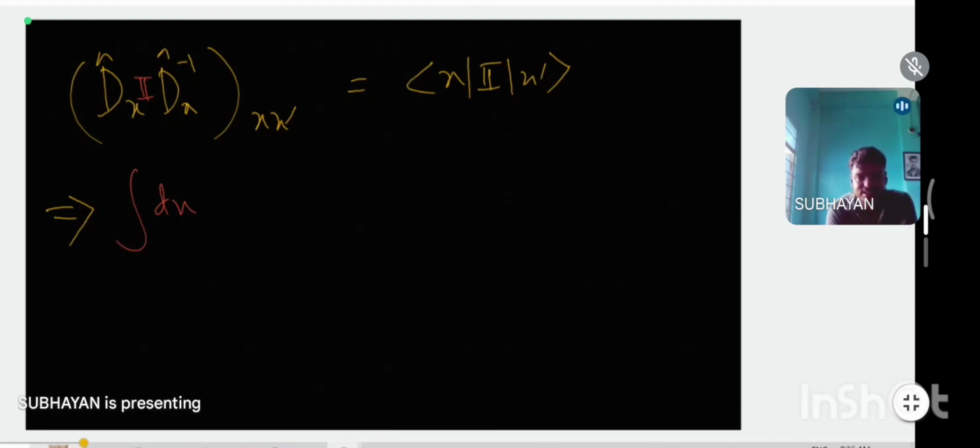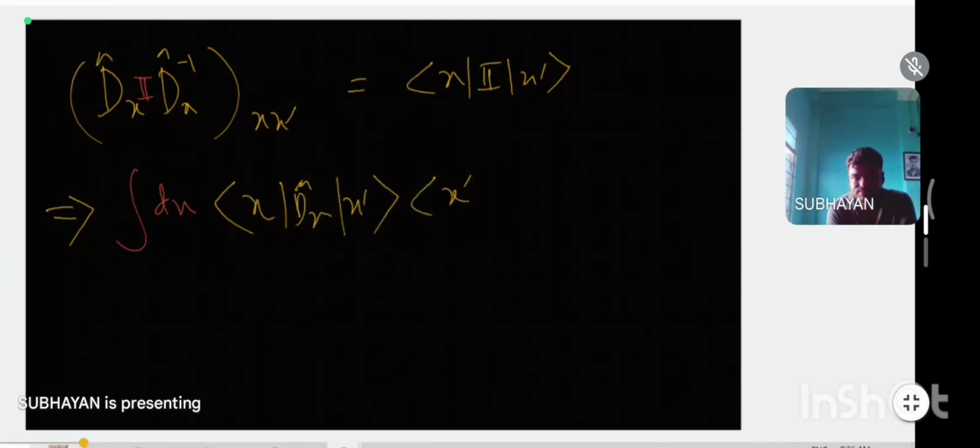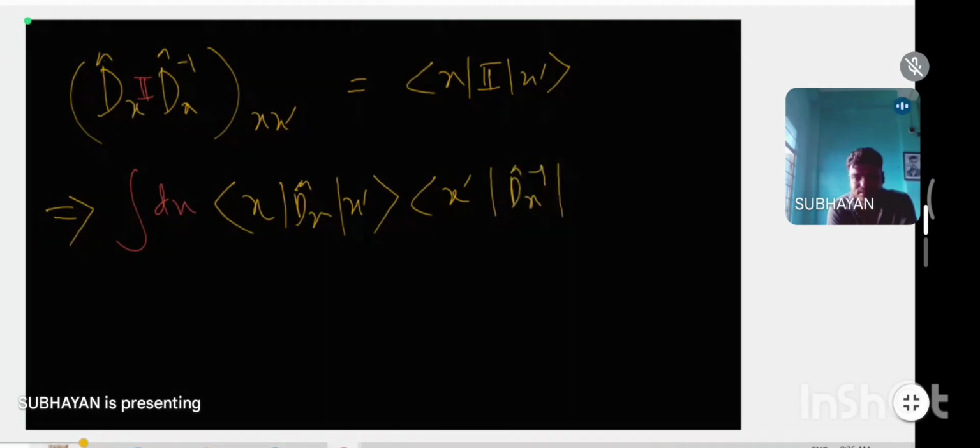So the unity operator I have inserted in terms of, suppose, x.